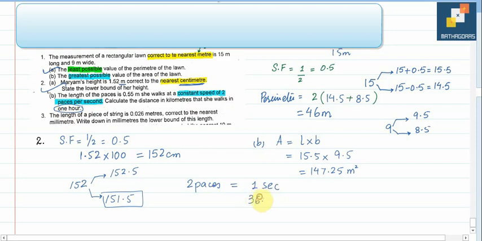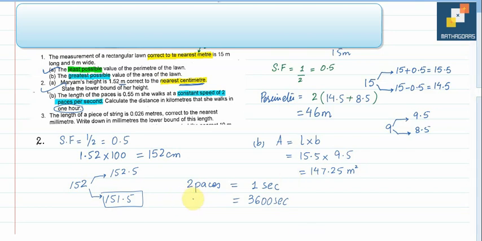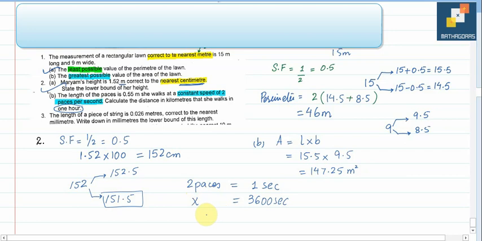In 1 hour we have 3600 seconds. So x will be 2 times 3600, that is 7200 paces. That means in 1 hour she will walk 7200 paces. Now it says the length of the pace is 0.55 meter.